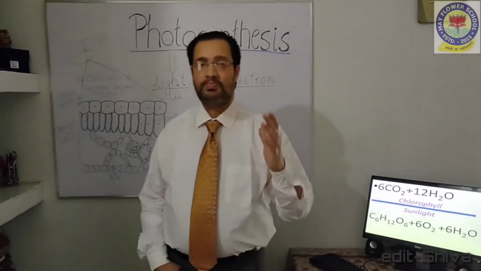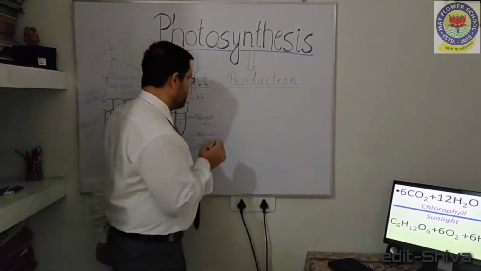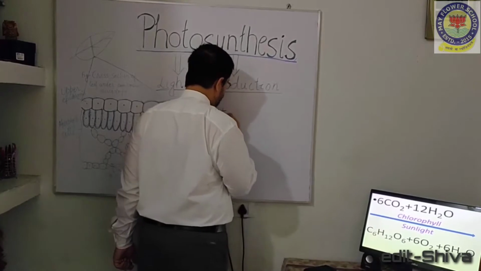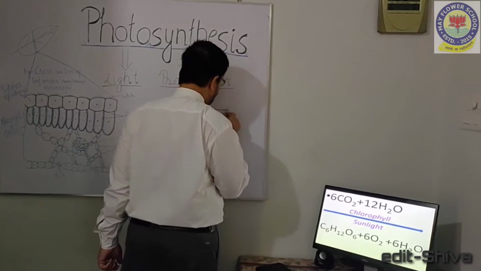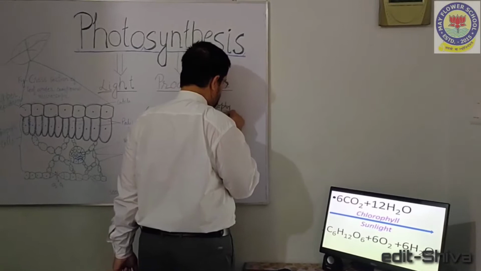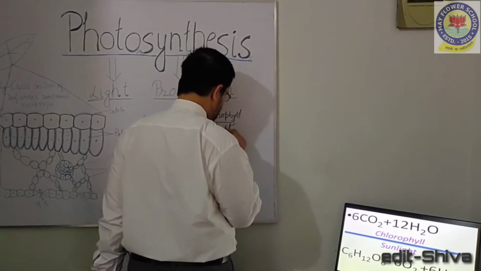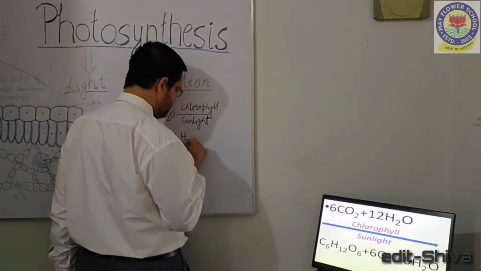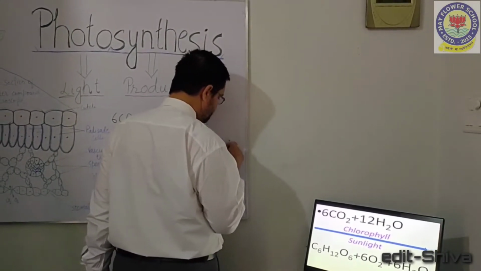So some of the people write this equation in a short form like 6CO2 plus 6H2O in the presence of chlorophyll and sunlight gives one molecule of glucose, that is C6H12O6 plus 6 molecules of oxygen.